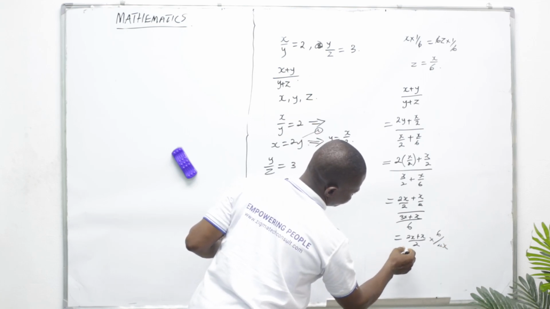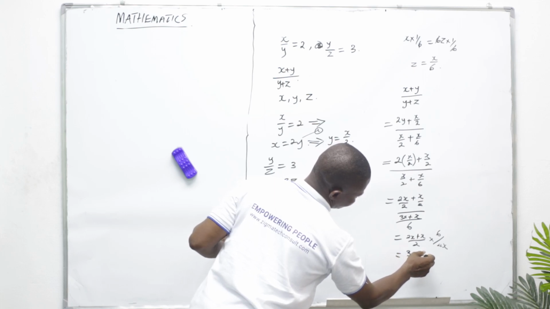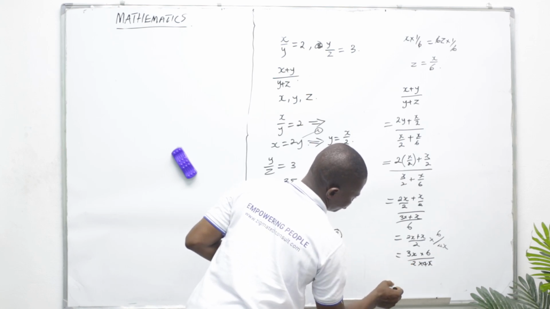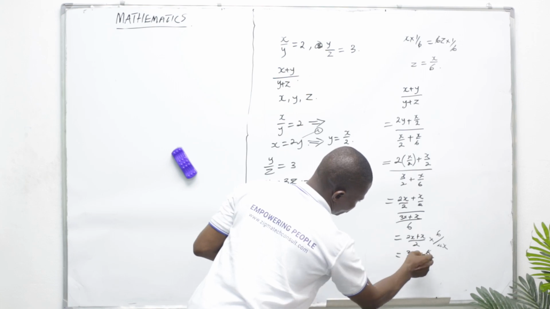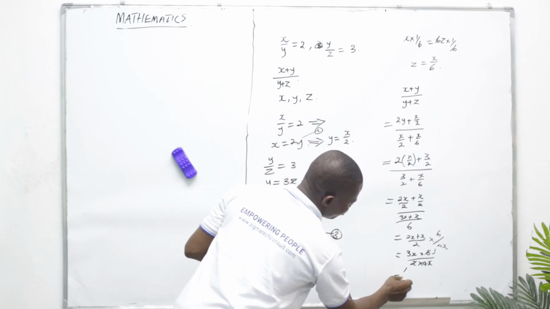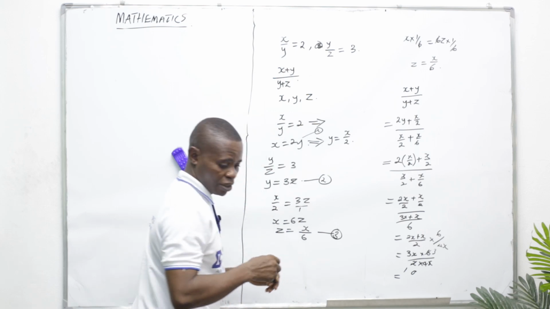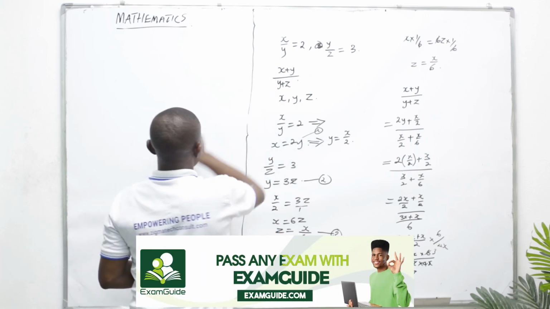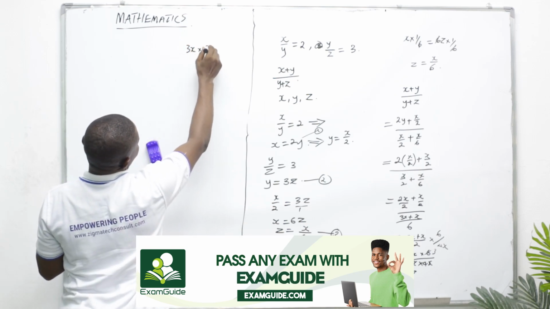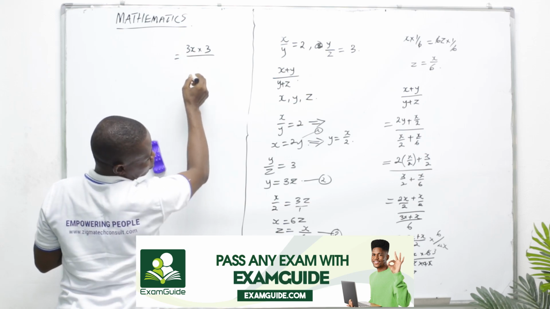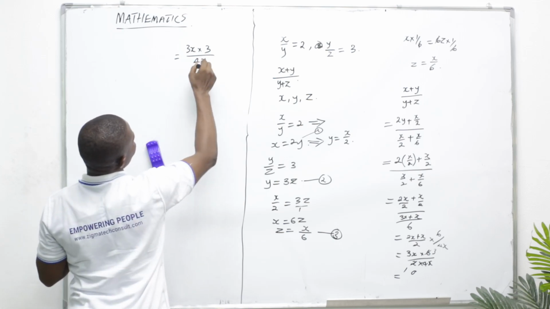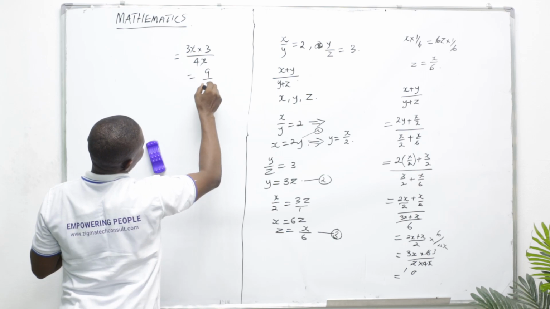So we can have 3x times 6 all over 2 times 4x. 2 here, 3, 2 here, 1. So we'll have, let me write it up somewhere where you can see. Look at the final solution. We're going to have 3x times 3 all over 4x. x here to give us what? 9 all over 4.